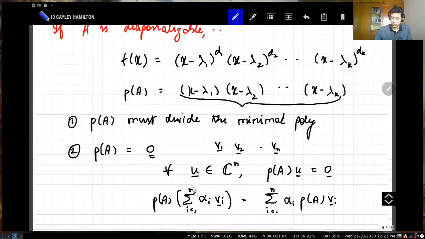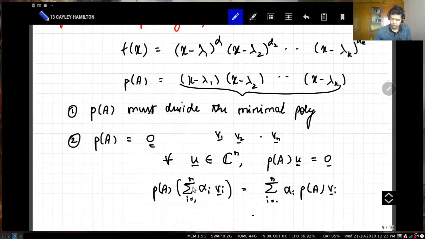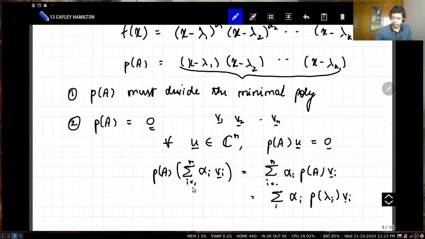But since vi are eigenvectors, this is the summation over all i of alpha i P of lambda i times vi, right? But what is P of lambda i? P of lambda i is equal to 0 because the lambda i's are roots of the polynomial P. So this is equal to 0.